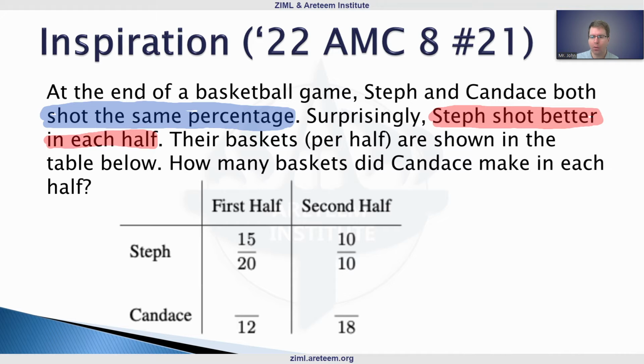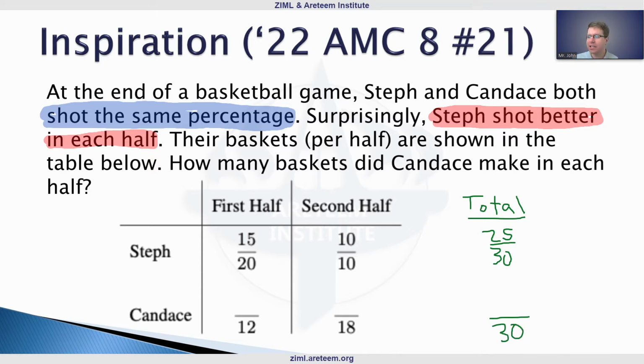So in total, if we start making out a total here, we have that Steph shot 25 out of 30. Now the problem is a little bit nice to us, and I'll come back to that in a second: Candace shot 12 and then 18 shots, so that means that in total Candace also shot 30 baskets.